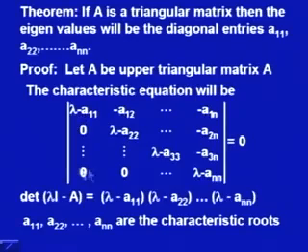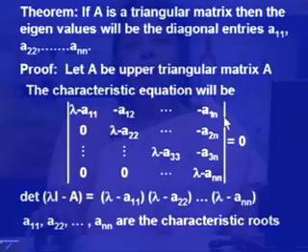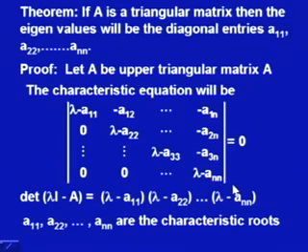This result is particularly important because to solve an eigenvalue problem, one has to first obtain the characteristic equation, and that means this determinant is to be obtained. Finding the nth degree polynomial corresponding to the given matrix, if you have to expand this determinant, is really difficult, and then finding the solution of that characteristic equation is further complicated.